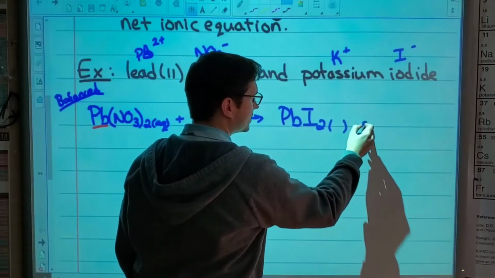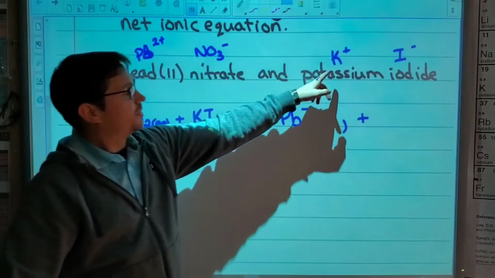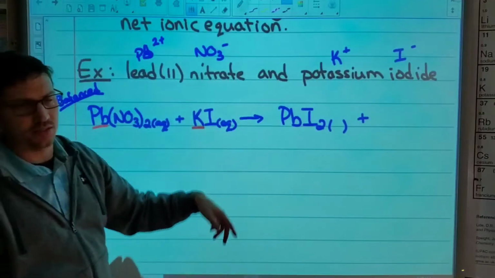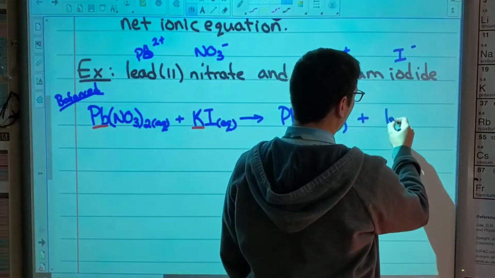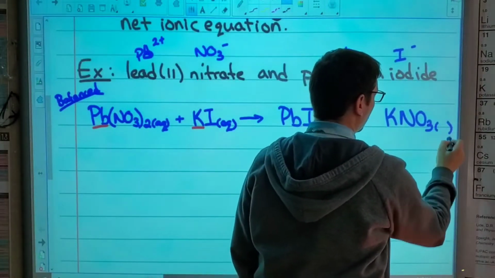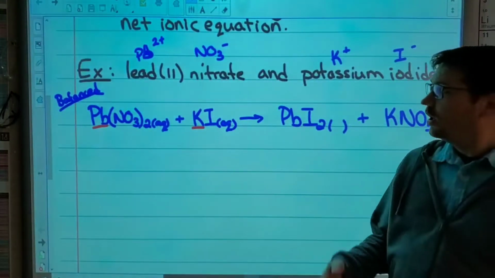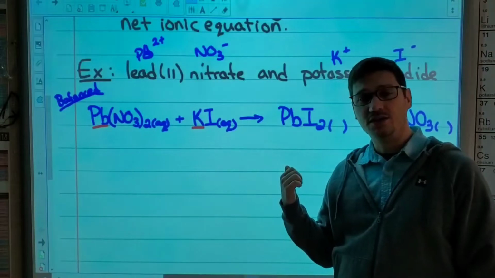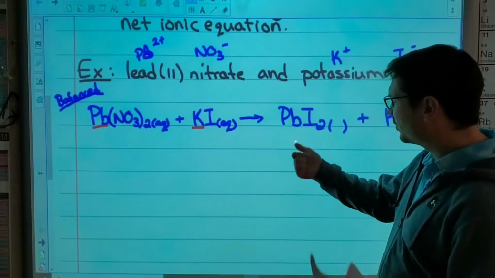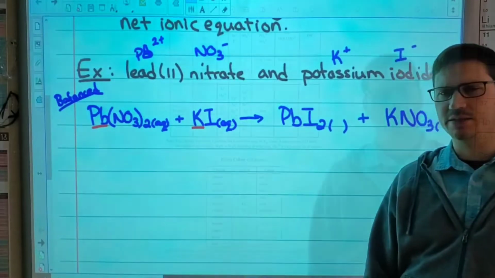We don't know what its state of matter is. And then the potassium and the nitrate are going to form a compound, KNO3. So let's take a look at our solubility table, and let's try and figure out what the states of matter are of these things, and then we'll balance it.